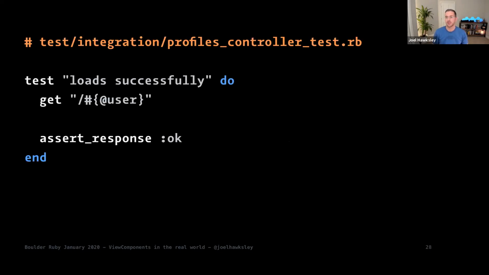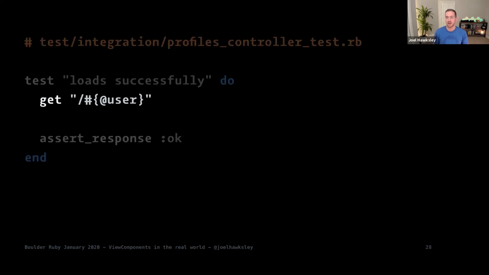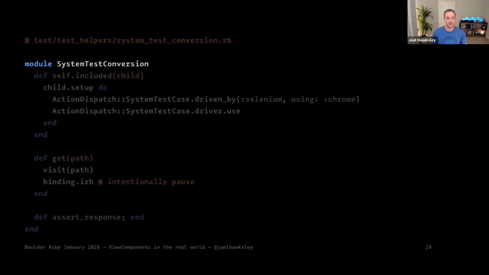As a quick refresher, here's what a controller test looks like. It starts with a get call to a URL and then makes a basic assertion. Obviously, controller tests also look very different than this, but this is a simple one. So how could we convert this test into a system test? We can start by writing a module, and we'll call it SystemTestConversion.